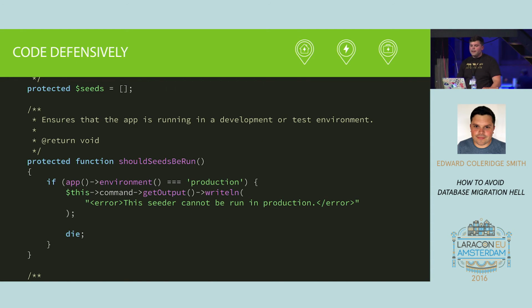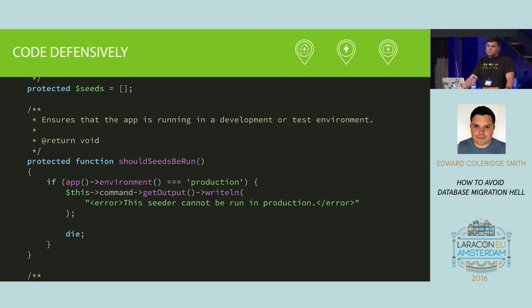Okay. And just one more point is that you need to code defensively a bit here, because when you're calling a seeder in production, you'll have to use the force command, because Laravel doesn't quite want you to do this unless you're doing it manually. So I tend to put a call to a method a bit like this that checks: is the application running in a production environment?